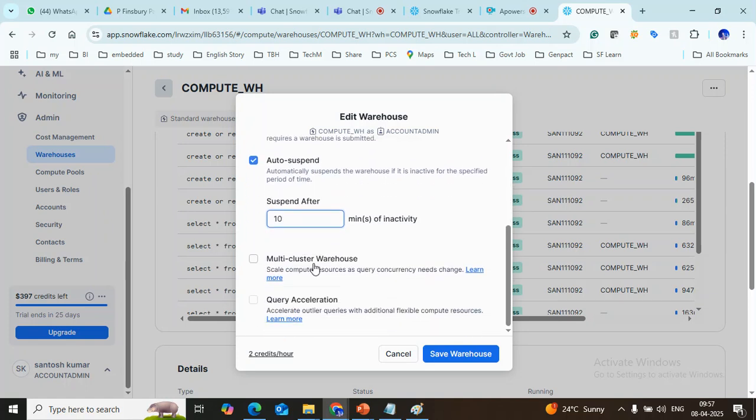Again, one more feature came: multi-cluster. I'll give a very day-to-day example. Suppose we have 5 people, and we have purchased one t-shirt, or any clothes, and we want it to be used by everyone.